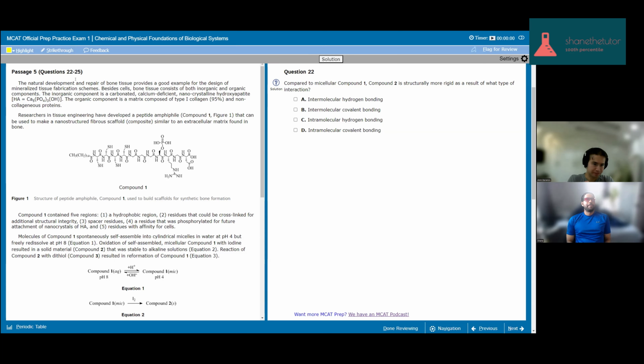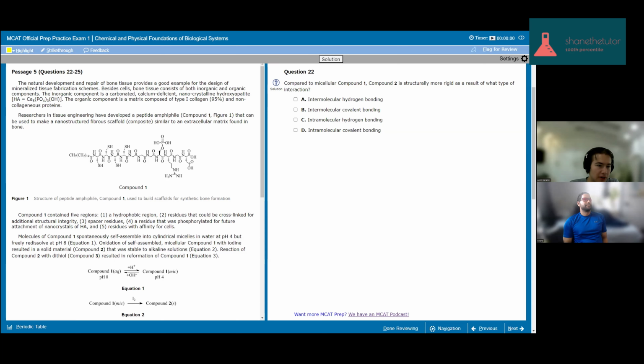The natural development and repair of bone tissue provides a good example for the design of mineralized tissue fabrication schemes. Besides cells, bone tissue consists of both inorganic and organic components. The inorganic component is a carbonated calcium deficient nanocrystalline hydroxyapatite.